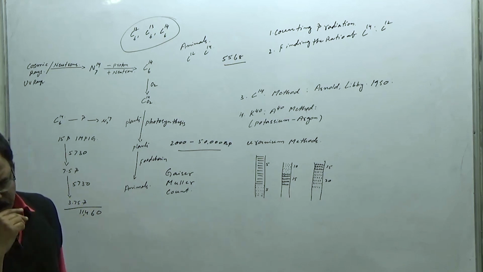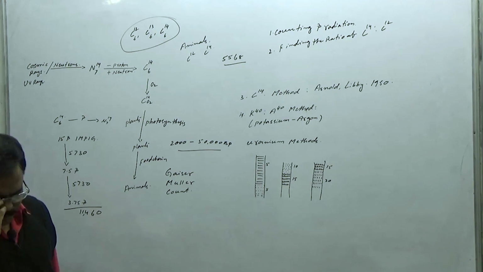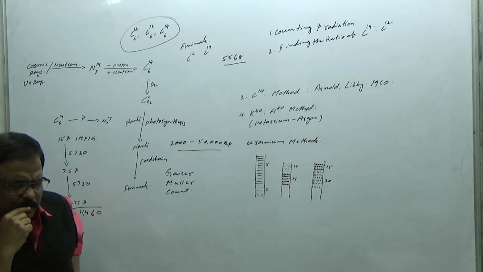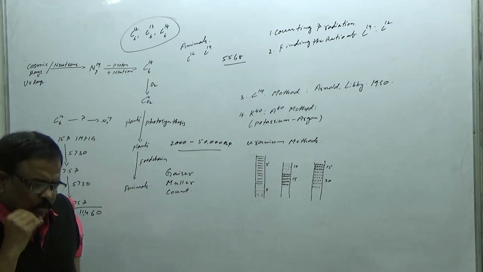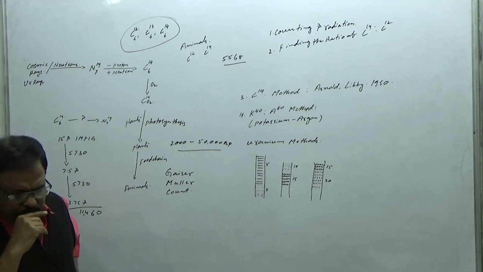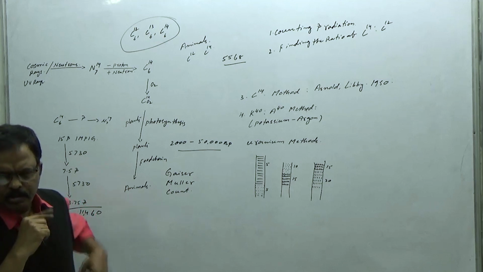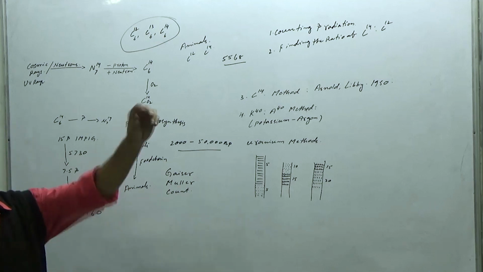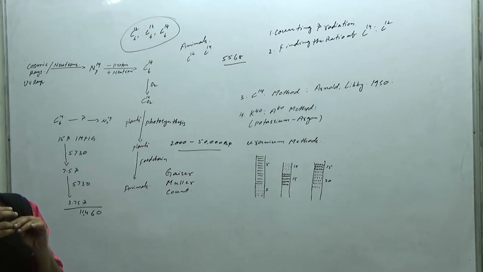By using this method, one can analyze the age of a fossil up to 50,000 BP, before present.